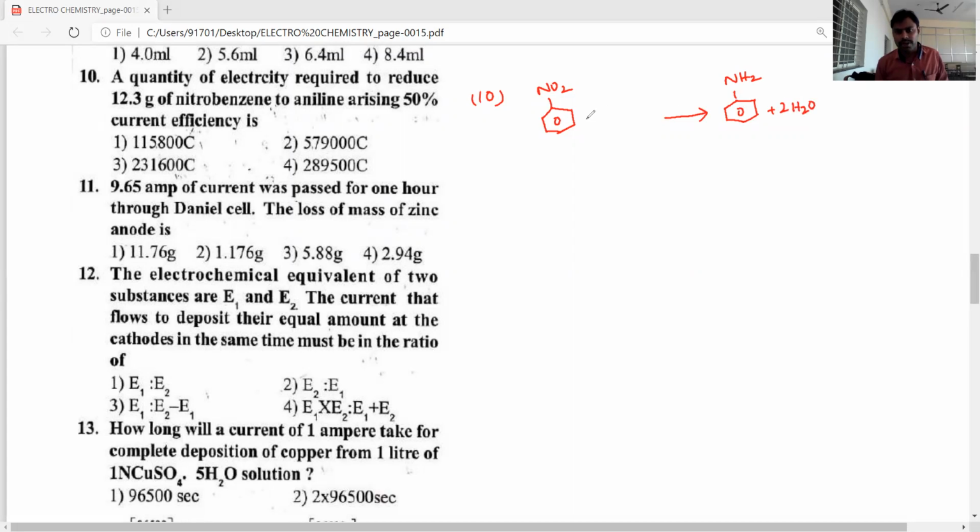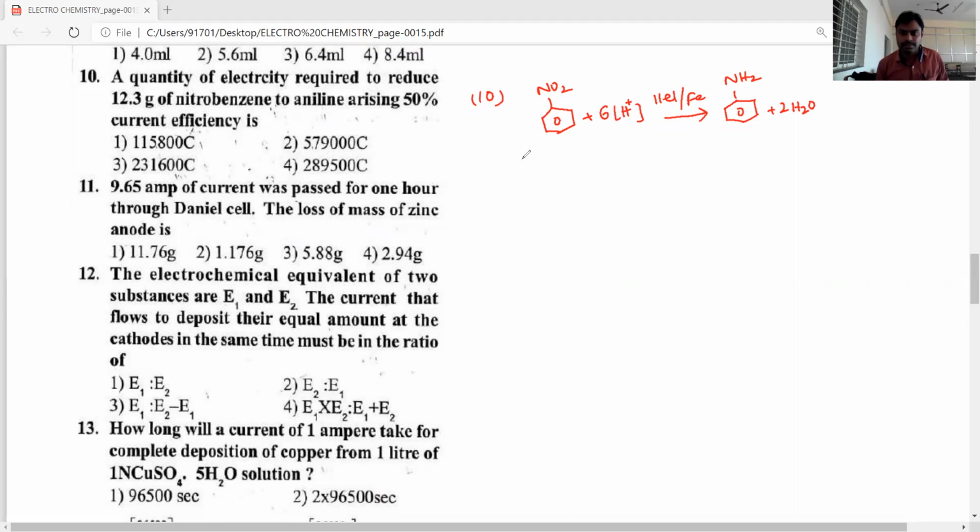Now, how many hydrogen atoms does it utilize? In the presence of HCl and iron, it utilizes 6 moles of H plus ions. 6 moles of H plus ions means 6 faradays of electricity is required.